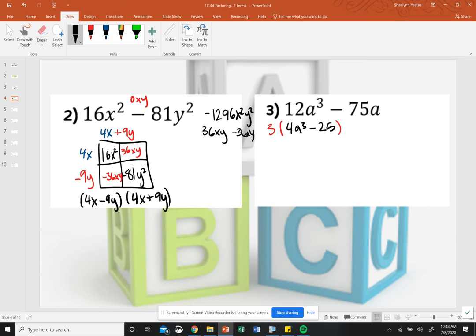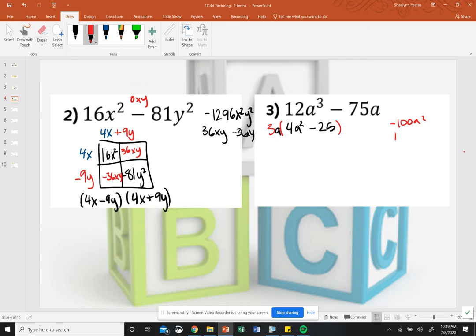So some of you are starting to see a pattern. If you see the pattern, you can use it. I'm going to be pointing it out. Well, we'll see. I forgot to pull an a out. This should be an a, 3a, and this would just be 2a's. There we go. Okay, so we've got 4a squared minus 25. If I multiply those together, I get negative 100a squared. Well, that's easy.